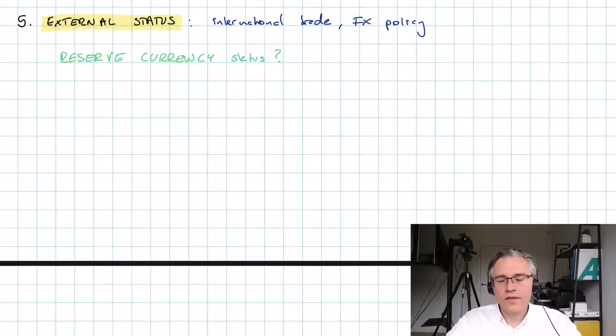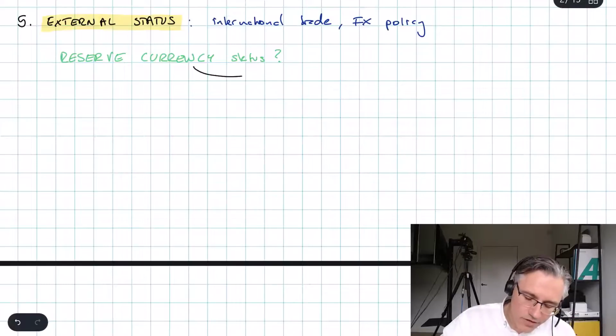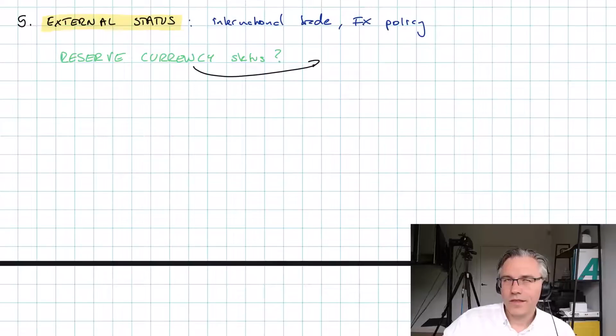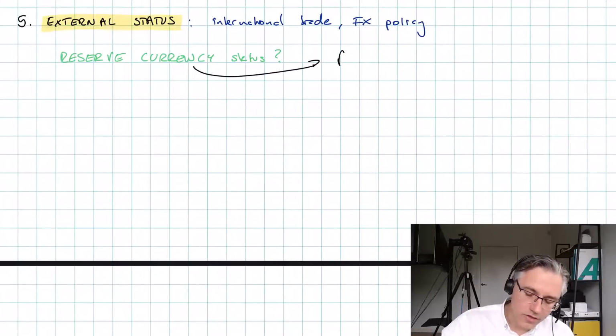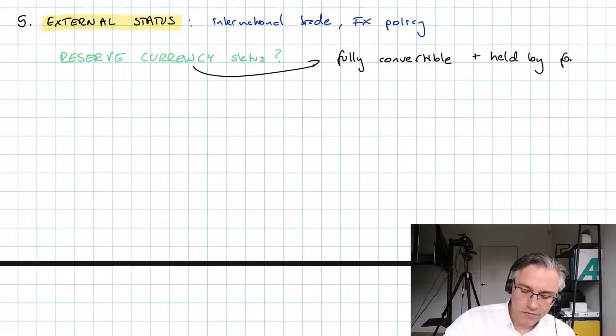So is your own currency a reserve currency? A reserve currency is enjoyed by those currencies that are fully convertible into other currencies, without any limits, and also, very importantly, held by foreign central banks and generally by foreign investors.